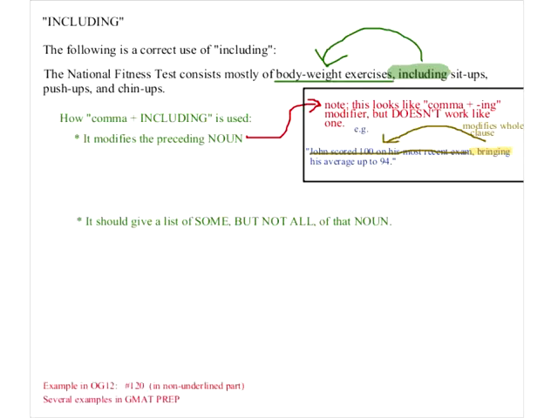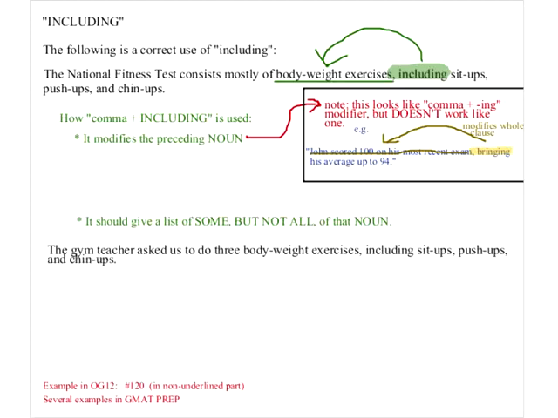So for instance, if I said something like, the gym teacher asked us to do 3 body weight exercises, including sit-ups, push-ups, and chin-ups, then this is wrong, not grammatically wrong, but it's wrong because this would be all 3 of them.